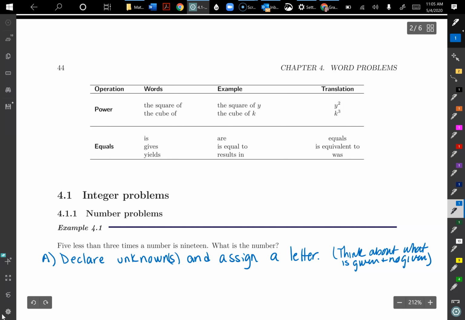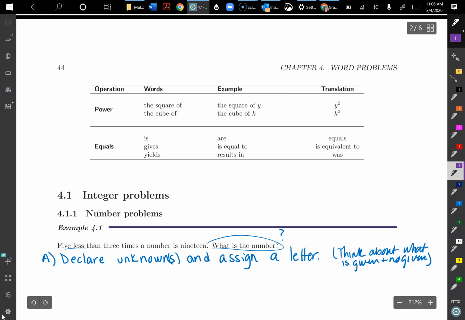Let me compare them. This is 5 less than 3 times the number is 19. We don't know the number. That's our unknown, but we have a lot of given things, so we can start to piece together the other parts.